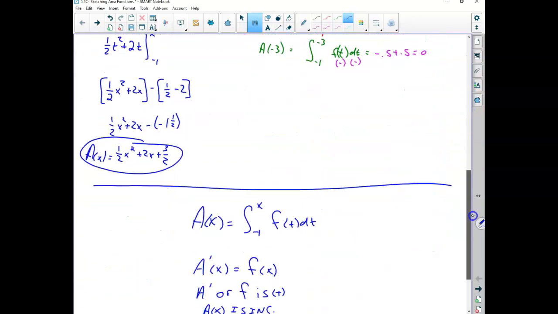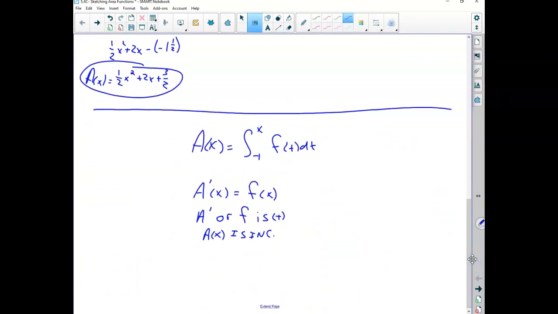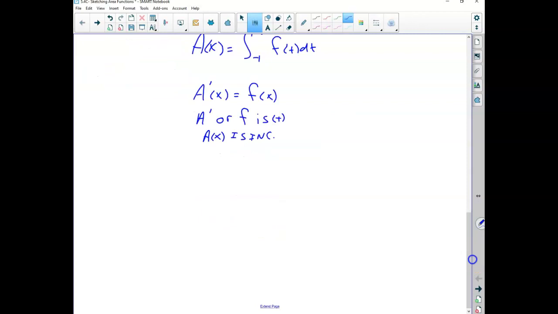And there's all kinds of other connections that are coming in here. What's another one that we're going to be getting along? Well, the other one is if A prime of x, or little f with an x in it, is negative, well, what did that mean?